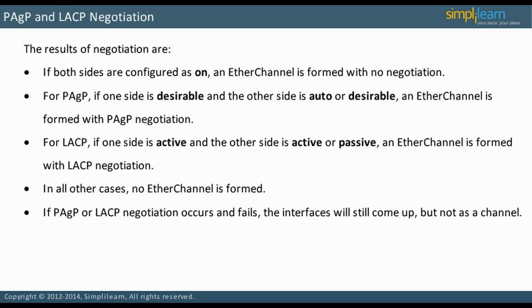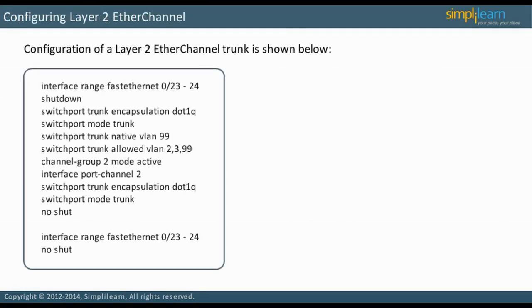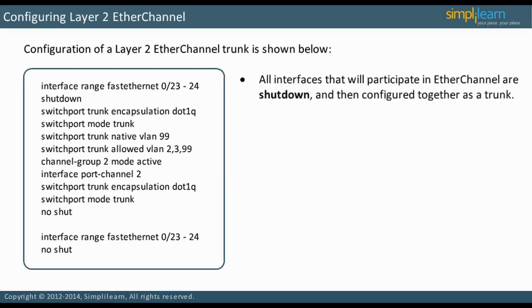In the next slide, let us discuss Layer 2 EtherChannel configuration. This slide presents a configuration of a Layer 2 EtherChannel trunk. In other words, Layer 2 trunk ports are bound together to create a channel. This code configures just one side of the channel. The other side is configured similarly. All interfaces that will participate in the EtherChannel are shut down, and then configured together as a trunk.